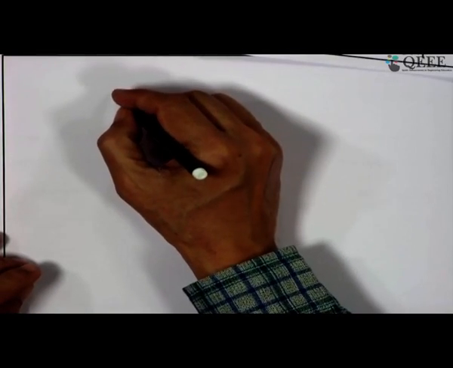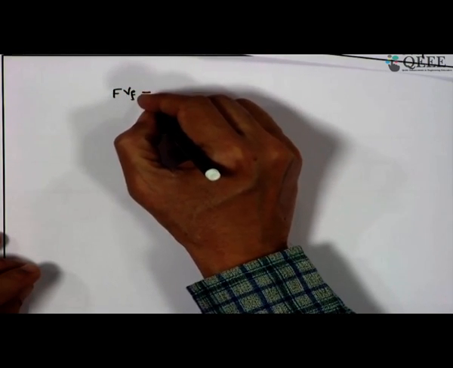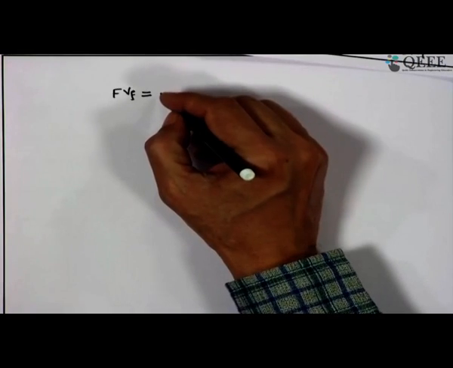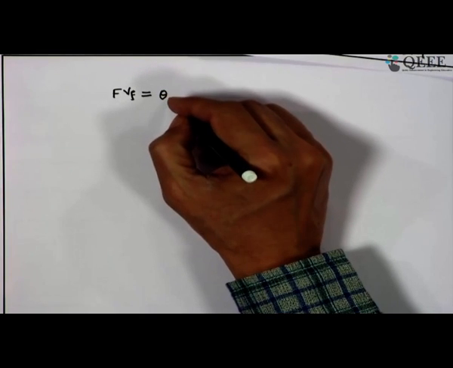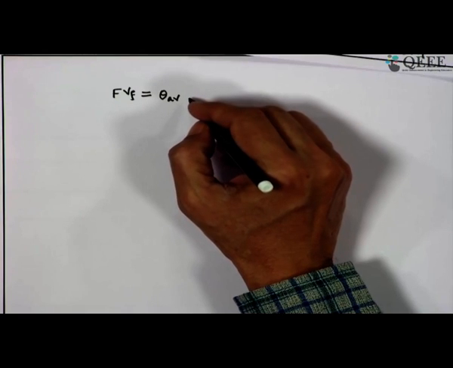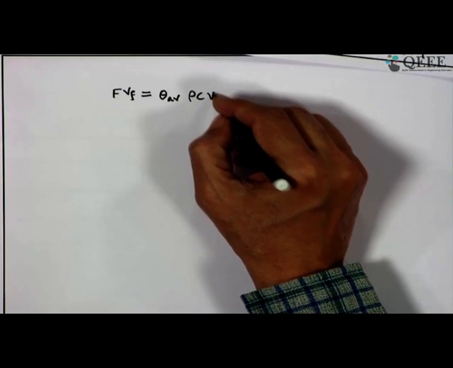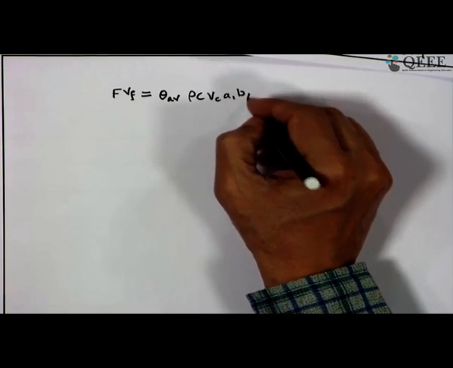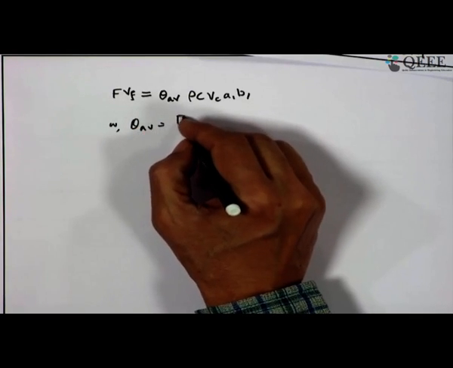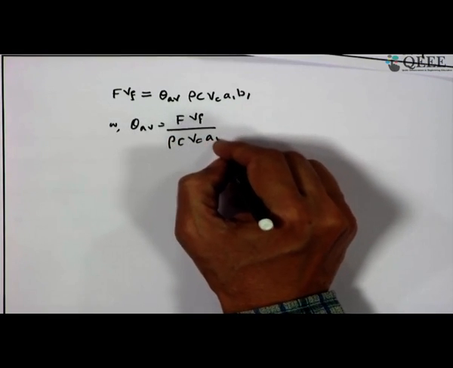So, F into Vf is equal to, we consider it as the further rise of temperature, theta average, into rho C into flow rate, which means V C A1 B1. From there we get theta average is F into Vf by rho C V C A1 B1.